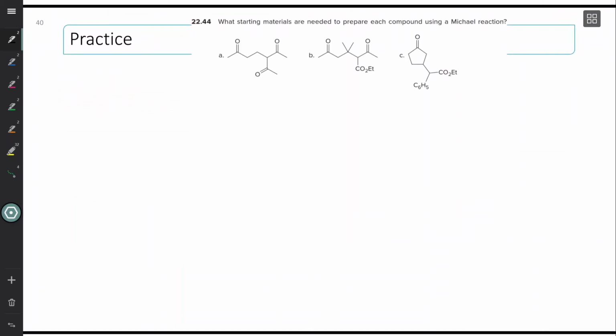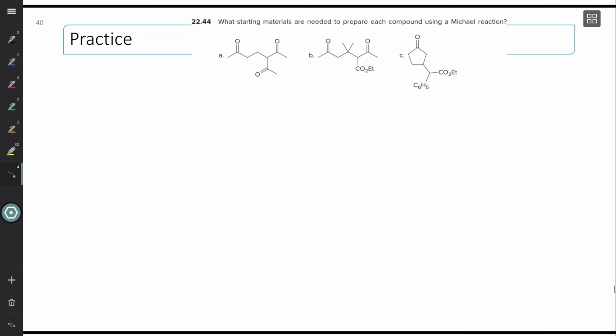Okay, more practice. What starting materials are needed to prepare each compound using a Michael reaction? So we want to pick out where there could have been an enolate and what could have been a conjugated ketone.